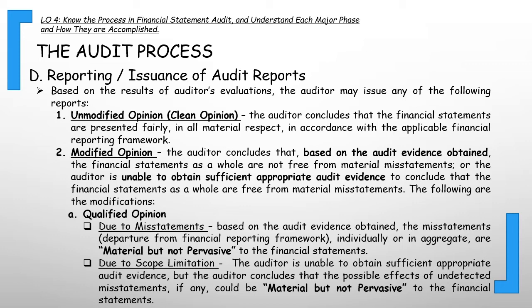Okay, so mamaya i-discuss natin paano natin masasabing material and pervasive. Then kapag as a result naman ng scope limitation, yung auditor is unable to obtain sufficient appropriate audit evidence, but the auditor concludes that the possible effects of undetected misstatements, if any, could be material but not pervasive to the financial statements.